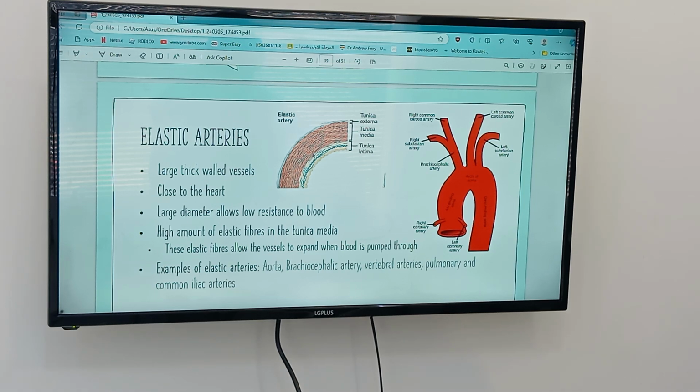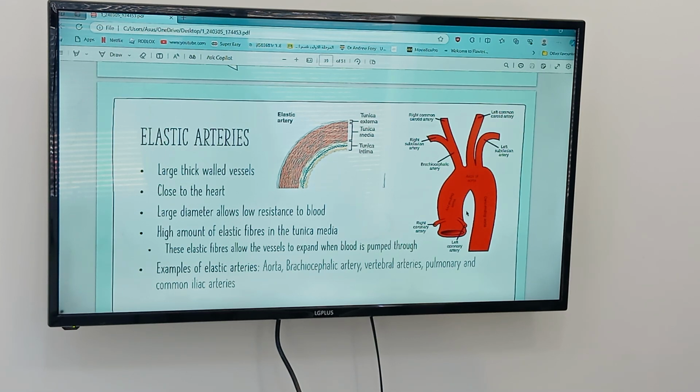The elastic fiber allows the vessels to expand when the blood is pumped through. Examples of elastic arteries: aorta, brachiocephalic artery, vertebral arteries, pulmonary and common iliac arteries.